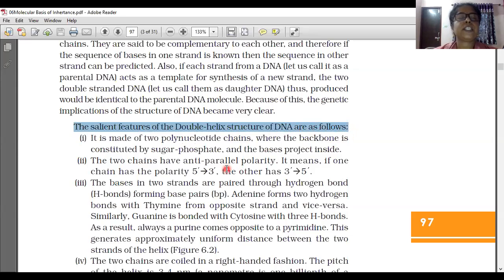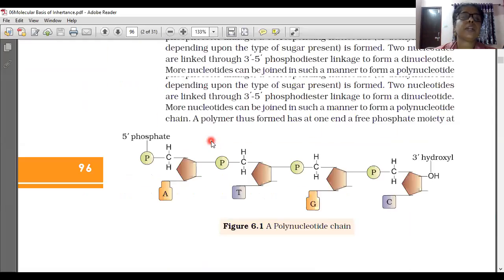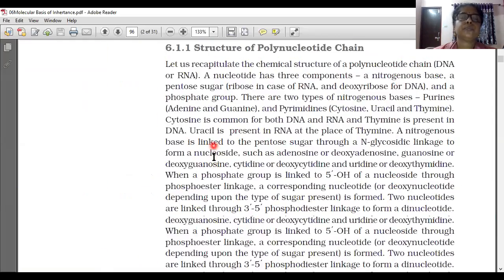First one, it is made of two polynucleotide chains, where the backbone is constituted by sugar phosphate and the bases project inside. Do you want to see the structure of DNA? Already I had shown you.